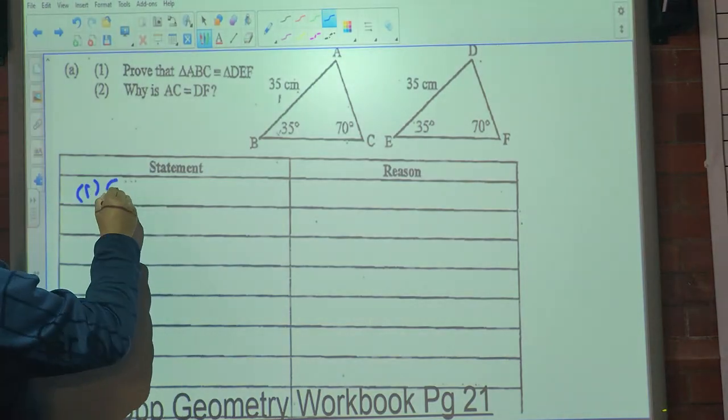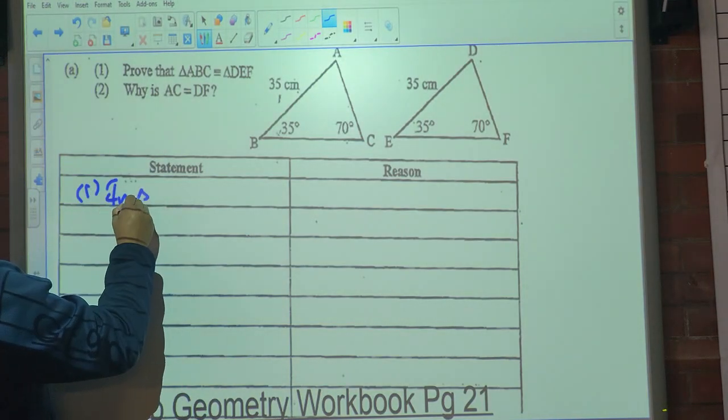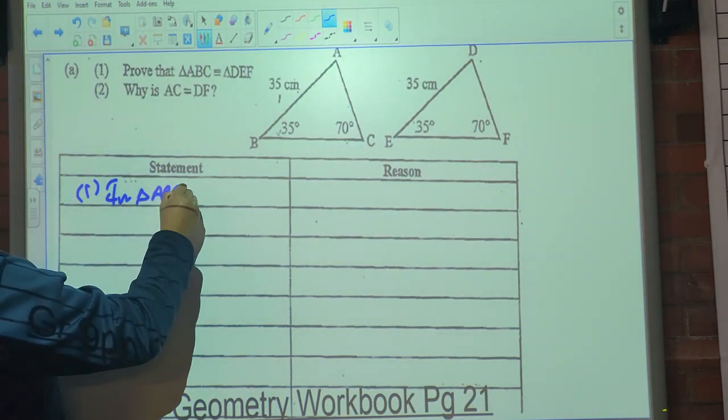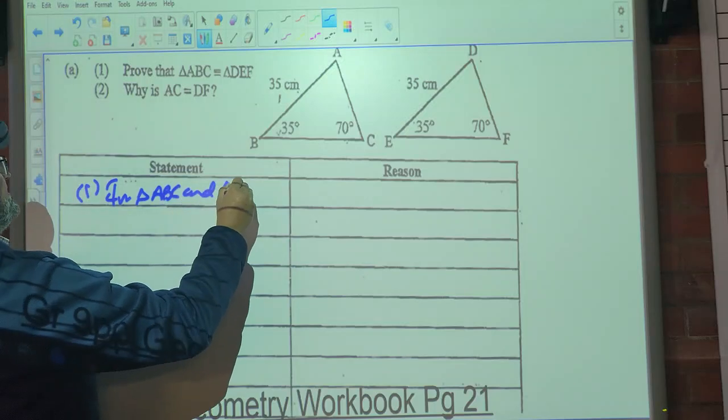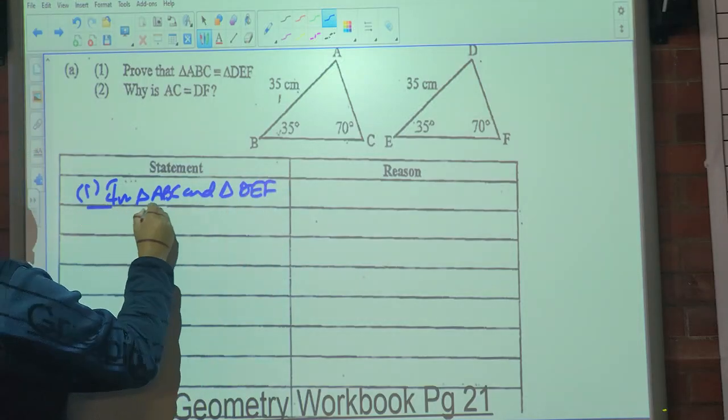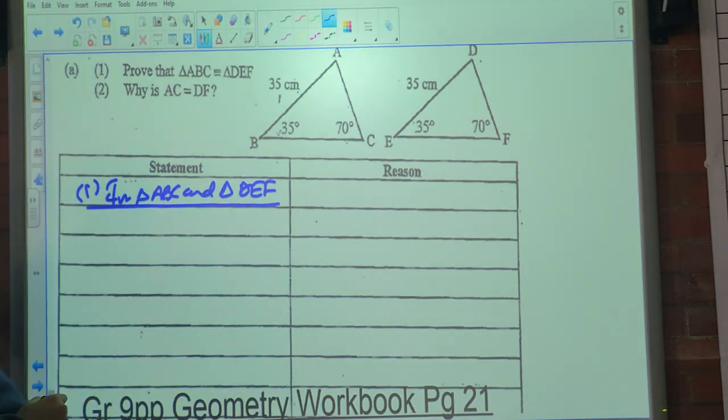We can say in triangle ABC and triangle DEF. So what can we say?